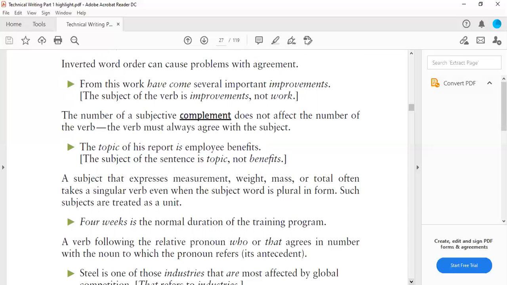Okay. A subject that expresses measurement, weight, mass, or total often takes a singular verb, even when the subject word is plural in form, such as subjects that are treated as a unit. For example, 4 weeks is the normal duration of the training program.